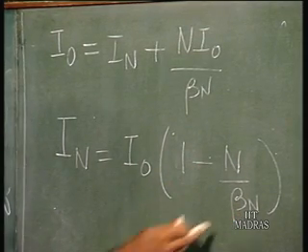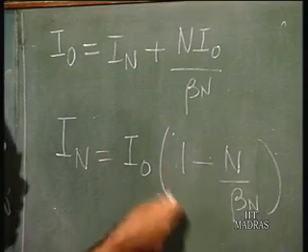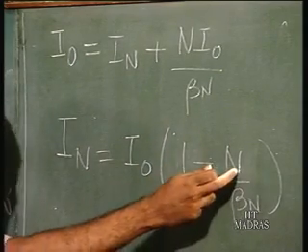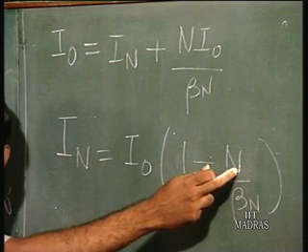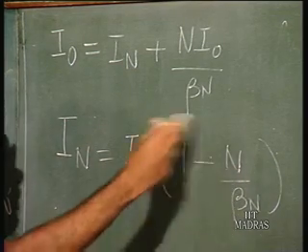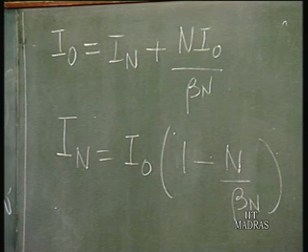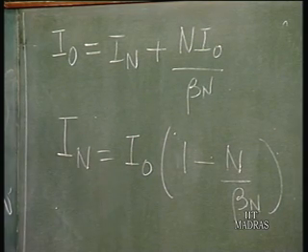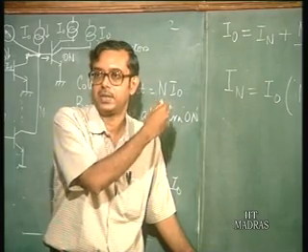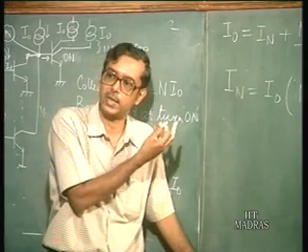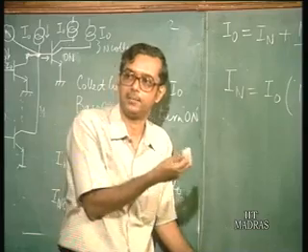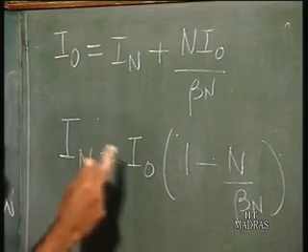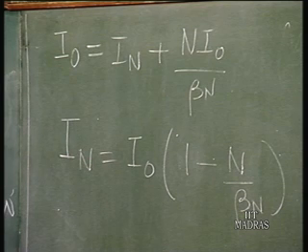This also implies that beta n must be greater than n in order for this to be a positive quantity, which is also a condition we got from the previous analysis, the condition for proper operation of the I squared L cell: beta n must be greater than n. So, again the noise margin is proportional to I naught.